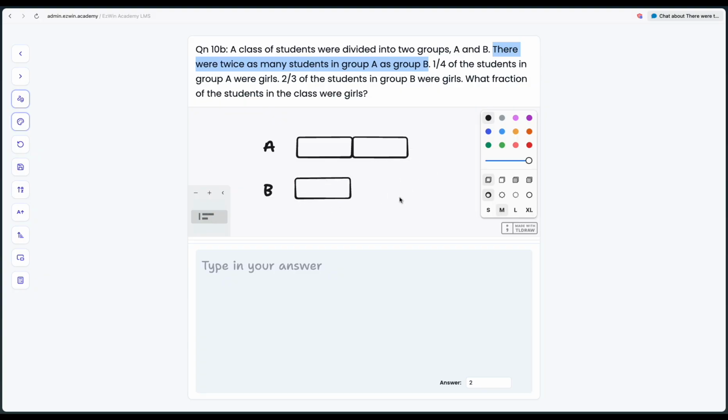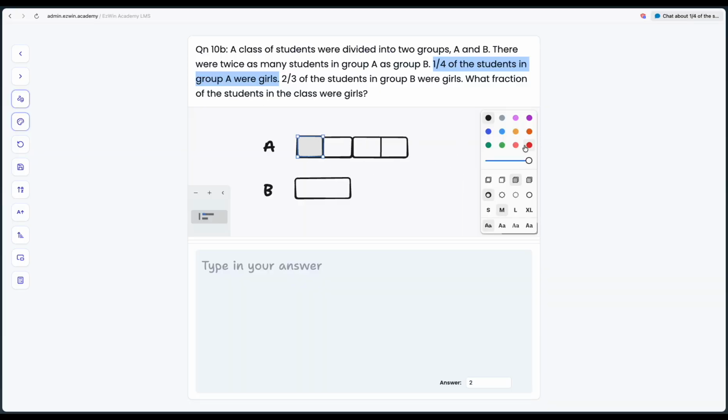That's what you see over here. Then the next thing is 1/4 of the students in group A were girls. So in this case, 1/4 of 2 units, what will it look like? So essentially we can split this into 2 units. Split this into 2. So you have 1 and we have 2. Something like this. So 1/4 means it will look something like this. 1/4 is girls, right?